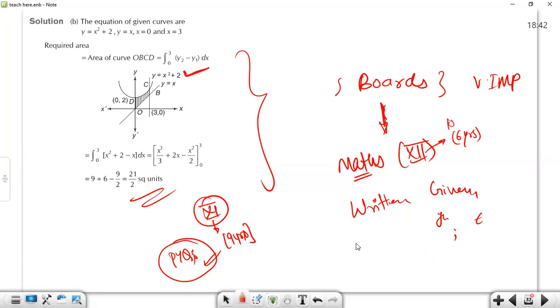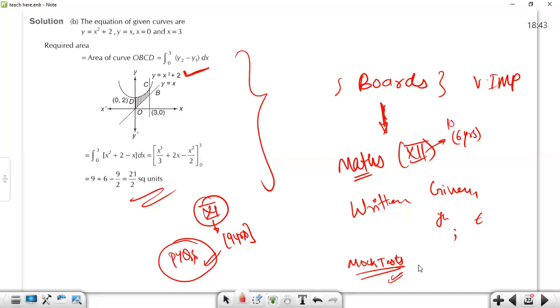And when the NDA exam is near, it's very evident that you have to give mock tests. You need not read. Do one thing: before boards, try to complete your NDA syllabus completely. You have to be very free while studying for boards and board examinations. And whenever the NDA paper is there, a month before, start giving mock tests, which is very important.